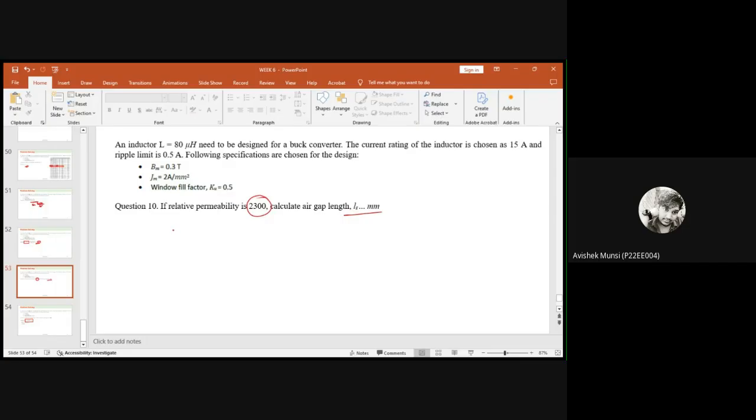So formula for air gap is mu 0 AC N square by L, N calculated as 19, right? Minus LC by mu RC. Okay. Try to put those values and solve it. This is the last question.